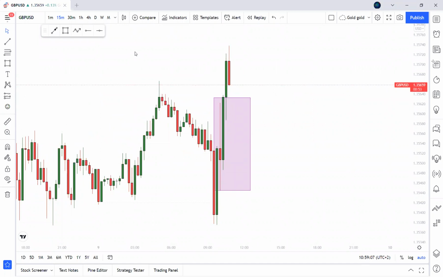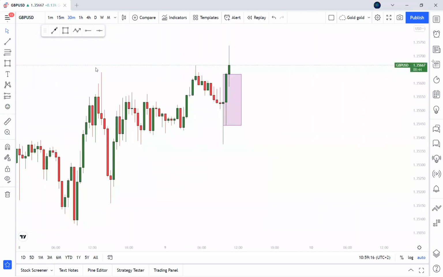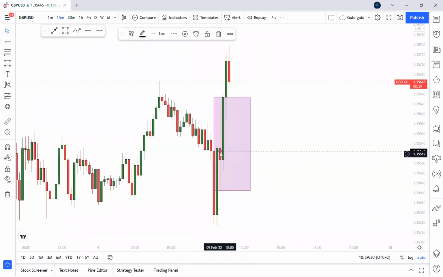So that would mean, could you say this area particularly? 30-minute, right? This is our opening of our 30-minute candle right here, right? Now let's go on the 15-minute time frame.